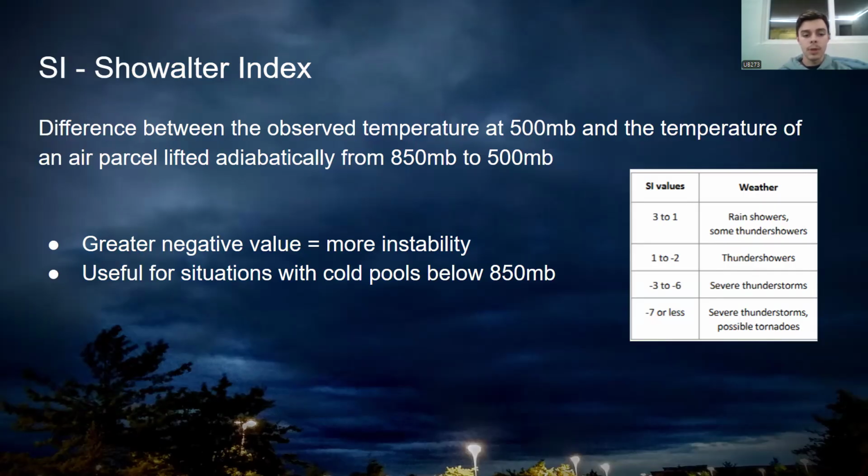It's useful for situations with cold pools below 850 millibars. You can see here what the Showalter index can tell us about what weather we might end up having. 3 to 1, just rain showers, maybe thunderstorms, thundershowers. And then the more negative the number, the more chance of severe weather we have.